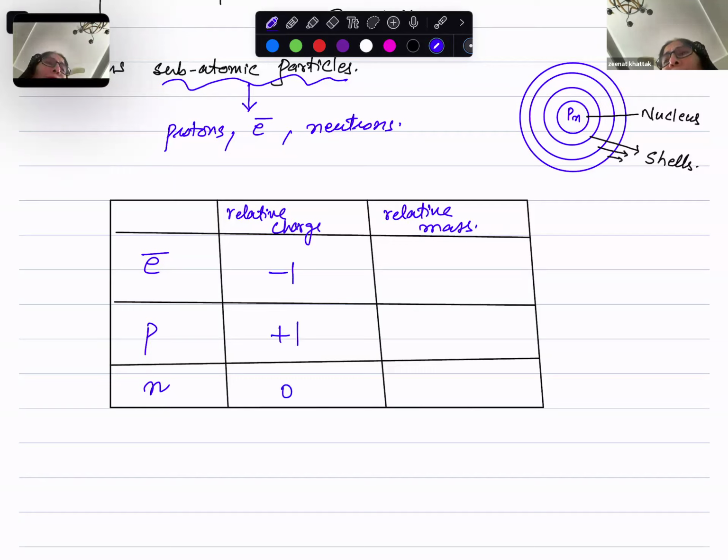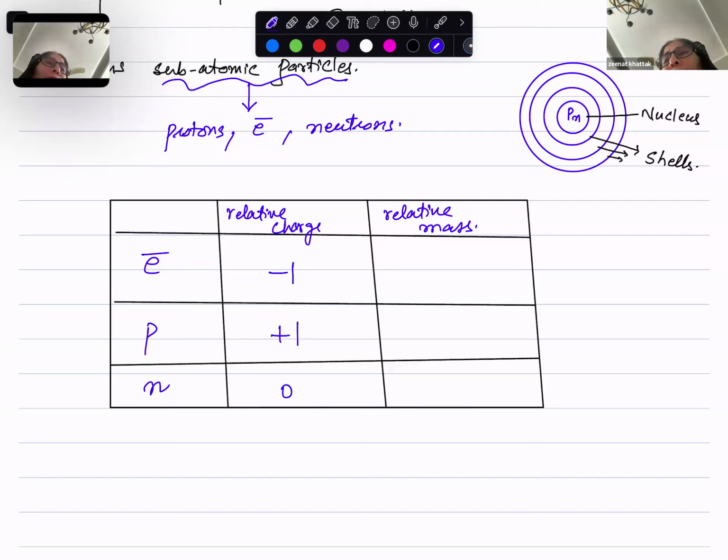And the two numbers: the atomic number or proton number, the number of protons in the nucleus of an atom.